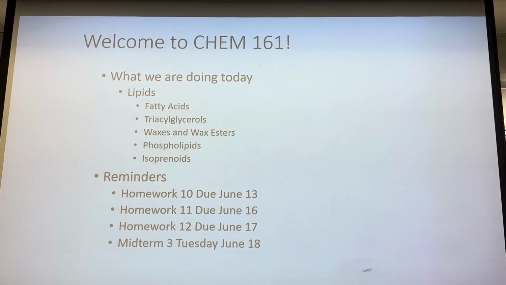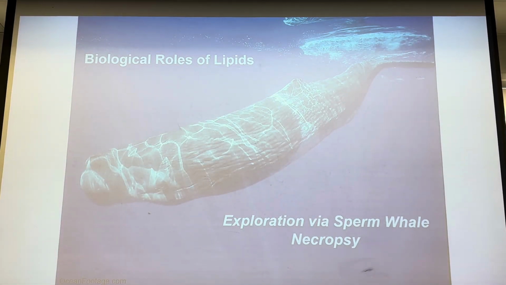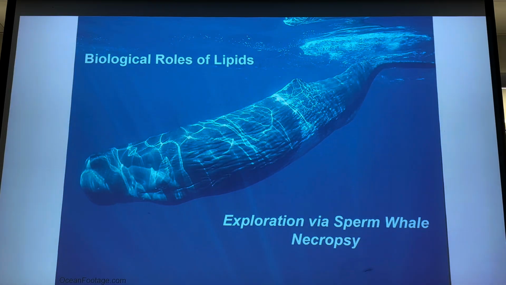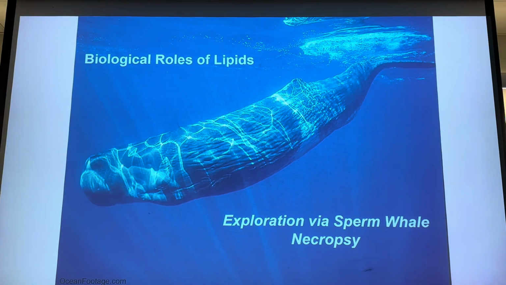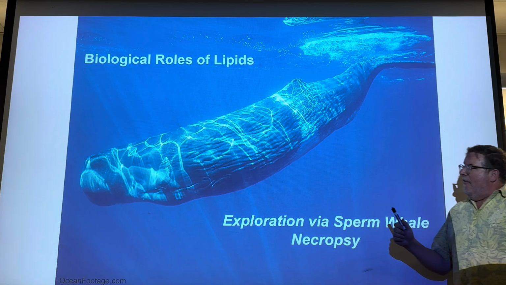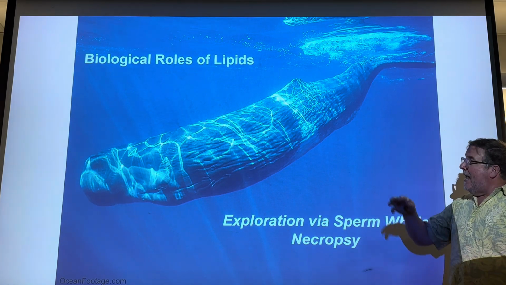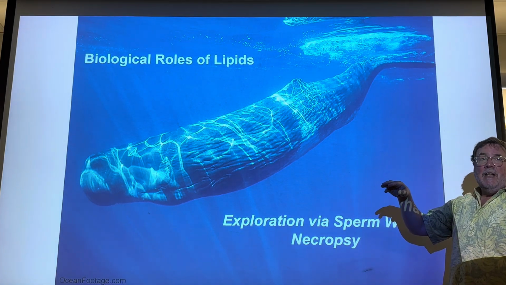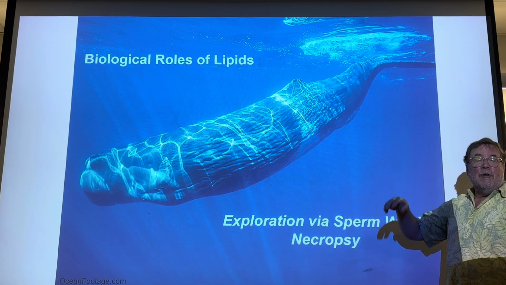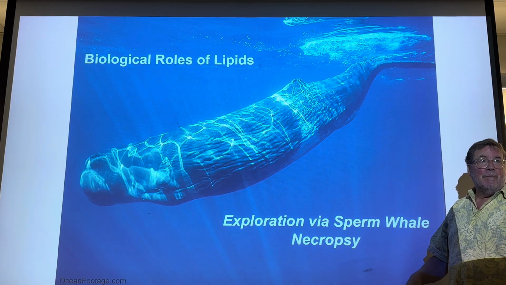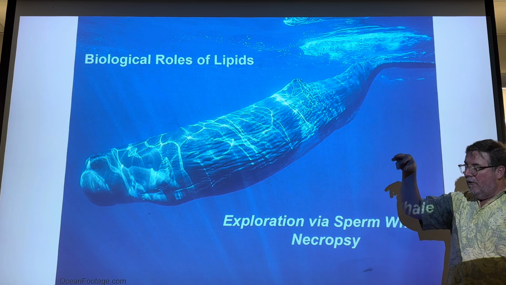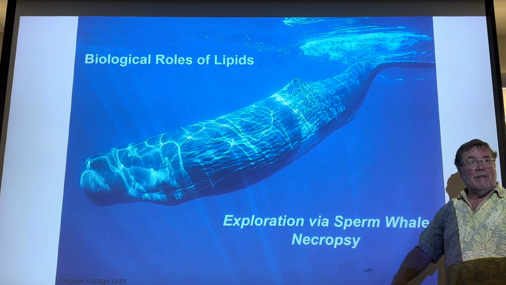And these slides relate to a necropsy of a sperm whale. Sperm whales are amazing critters. They're mammals, right? And they feed on giant squid 2,000 to 5,000 feet deep. So they dive down 2,000 feet, right?